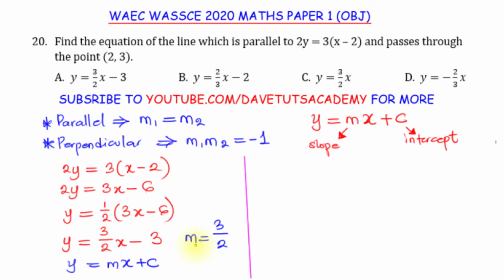But now, having found m to be 3 over 2, in the question, we're given point 2, 3, okay? So we're given x1 comma y1 to be 2 comma 3, and already we have found our m to be 3 over 2.